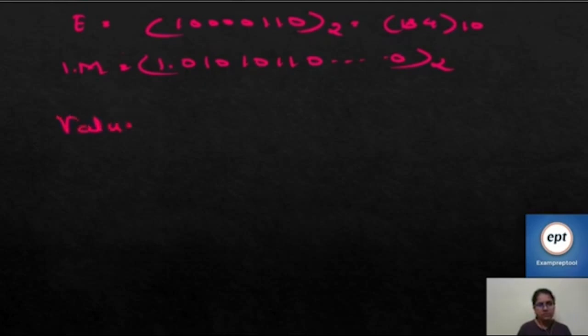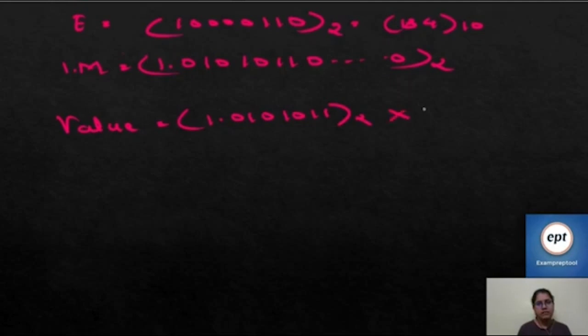So the value you have to calculate. How will we calculate the value? All the rest of the zeros we can exclude, so that doesn't mean anything. So 1.0101011, only this we will consider.